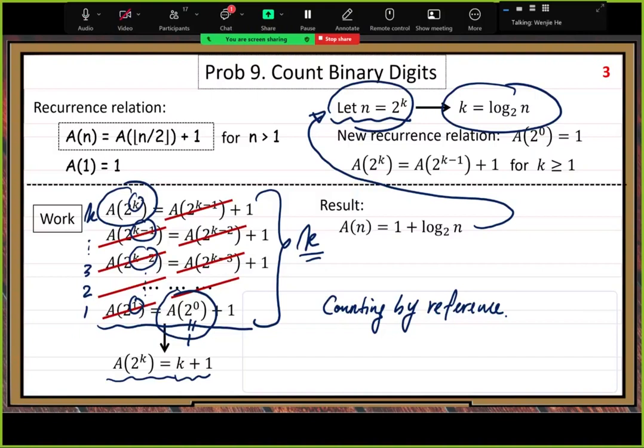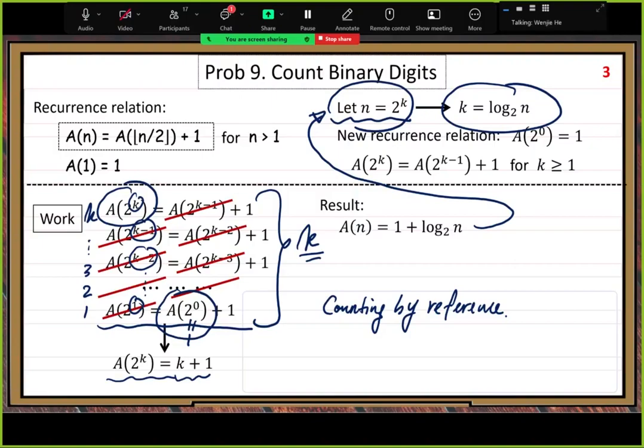In other words, if n is not a power of 2, you don't know if this formula is correct or not. So you only know that when n is a power of 2, this formula is correct. For other cases, you don't know if it is correct or not.